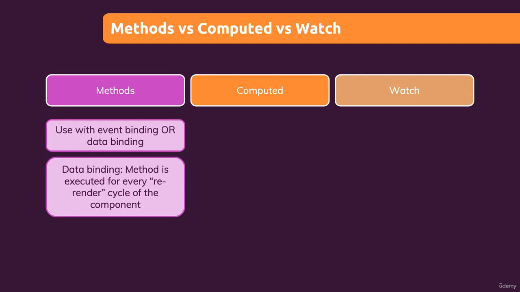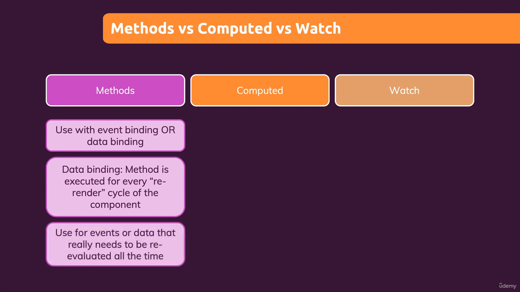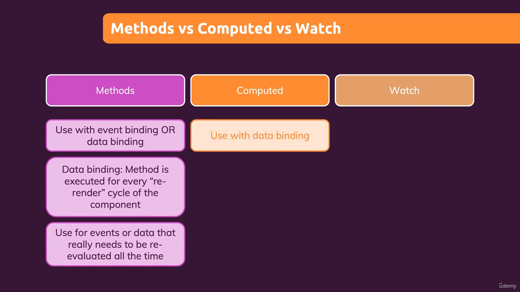And therefore, you should use methods primarily for event binding. There, it's a no-brainer. You always use them. Or for data binding, so with double curly braces, for example, if you really want them to re-execute whenever something changes on the page. Otherwise, use computed properties, because those can only be used with data binding. You don't use them with event binding.